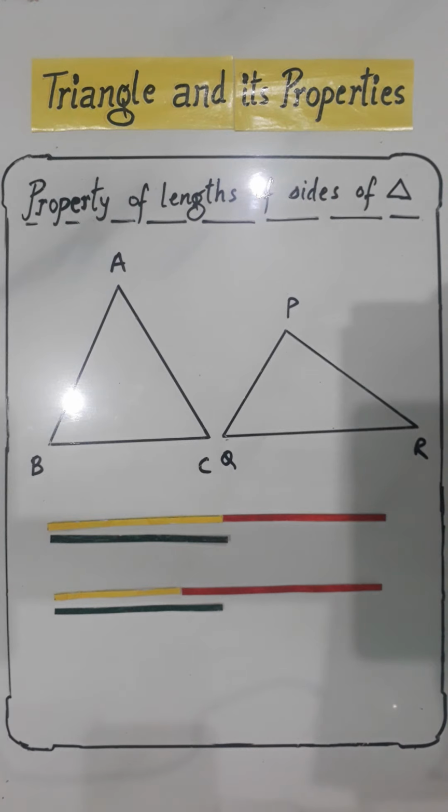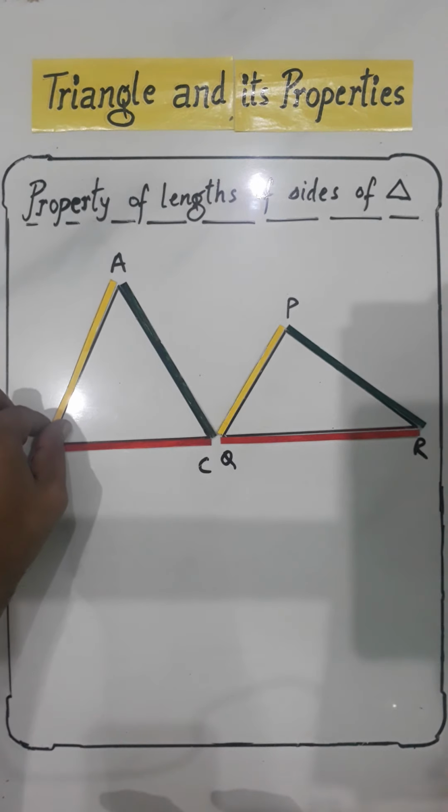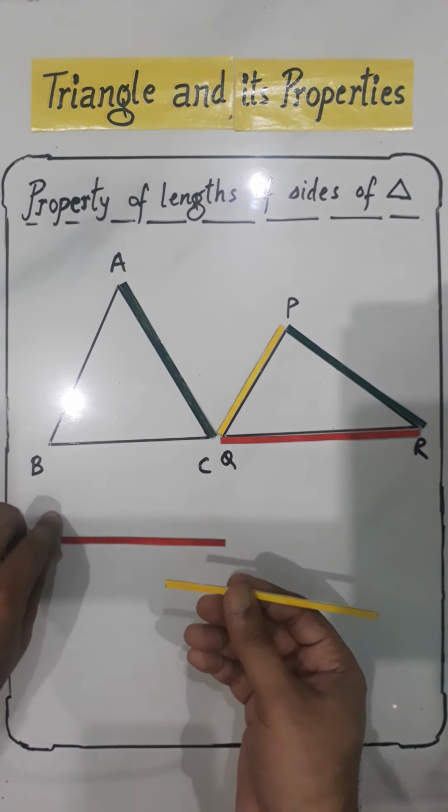Now after this, we will see that the difference between the lengths of two sides is smaller than the length of the third side. Let's see how. What I mentioned is that the difference between the lengths of any two sides is smaller than the length of the third side. So now I have taken these two sides.